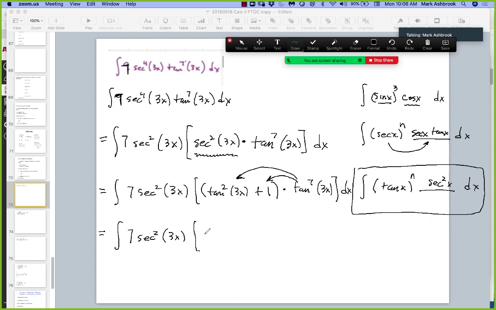And so then that will be tangent to the 9th plus tangent to the 7th.